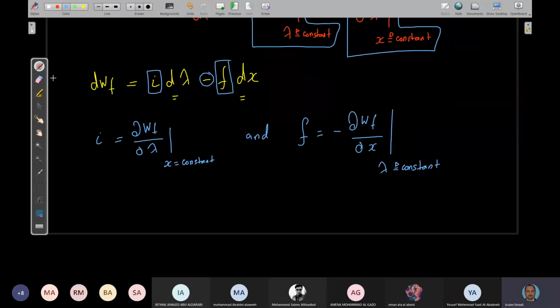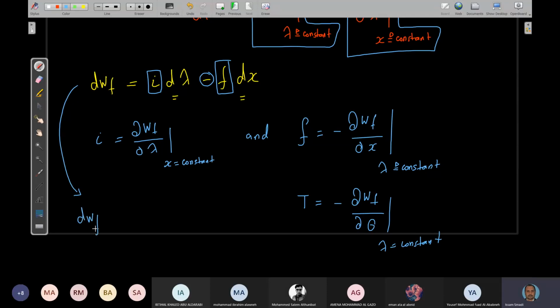Now the same thing if I need to calculate the torque. The torque will equal minus partial omega f by partial theta when lambda is constant. If I need to write this for a rotary type system, d omega f will equal i d lambda minus the torque multiplied by d theta.